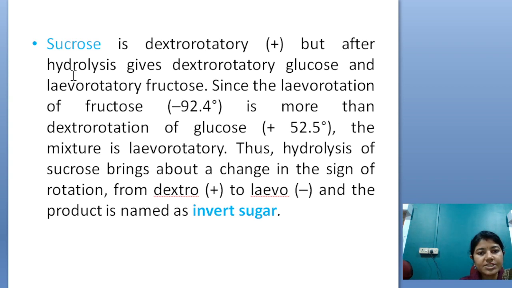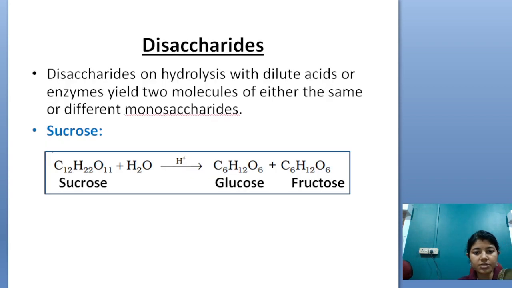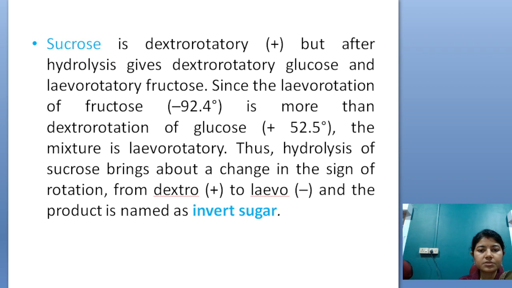Again, if we see the optical activity of sucrose, it has positive optical activity. That means it is dextrorotatory. But after hydrolysis, it gets converted to glucose and fructose. Glucose in its pure form shows an optical activity of plus 52.5 degrees, while fructose in its pure form in solution shows minus 92.4 degrees.